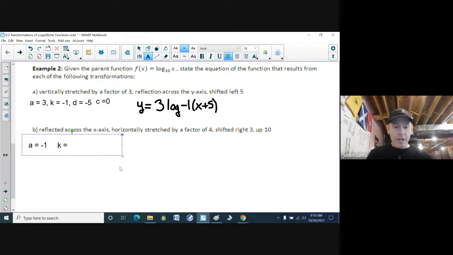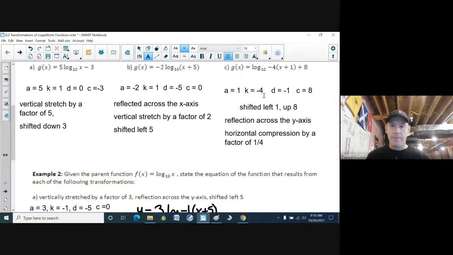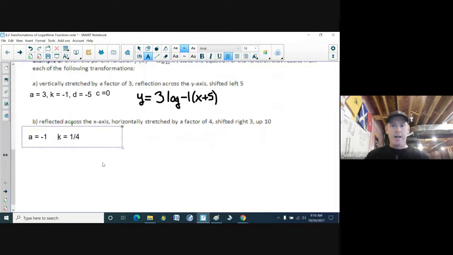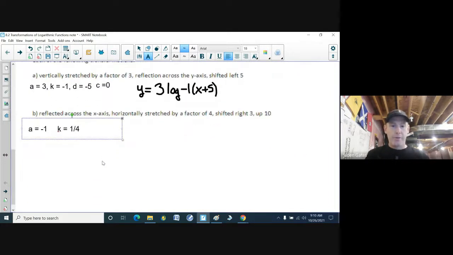You invert it, and it's actually telling me my K value is 1/4. You have to invert that, just like I inverted it up here, where my K was 4. To work the opposite way, I had to do the reciprocal. Then we have shifted right 3 and up 10.